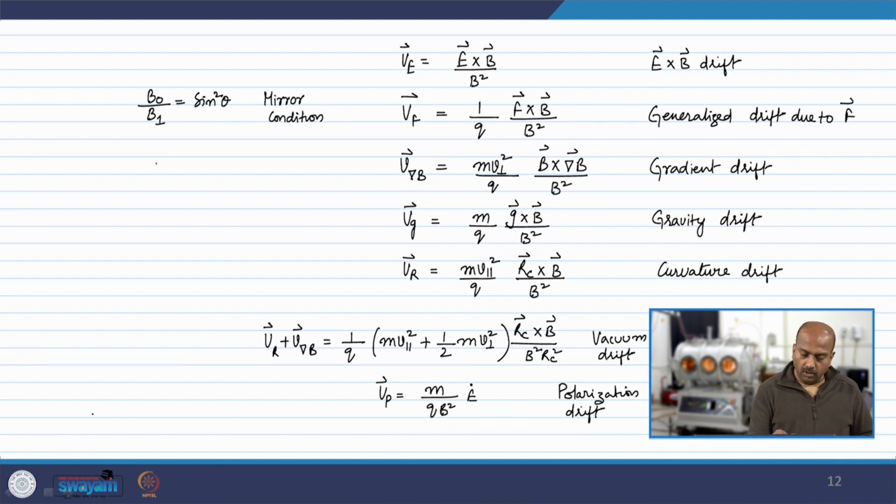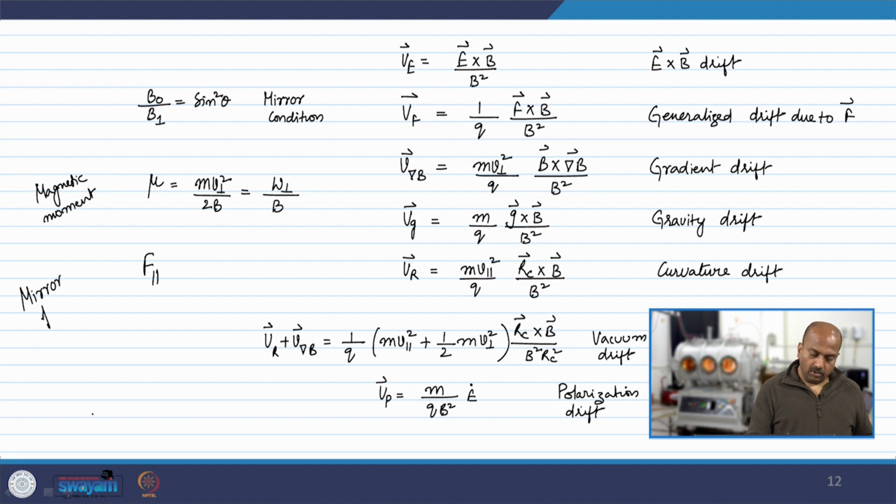And we also learnt that the magnetic moment of a particle is m v perpendicular square by 2B, or which can also be written as the kinetic energy divided by the magnetic field, and this is the magnetic moment. And then we learned a very important mirror force.